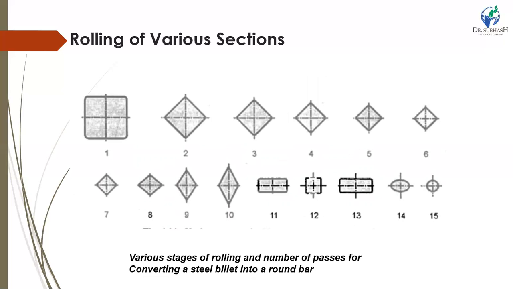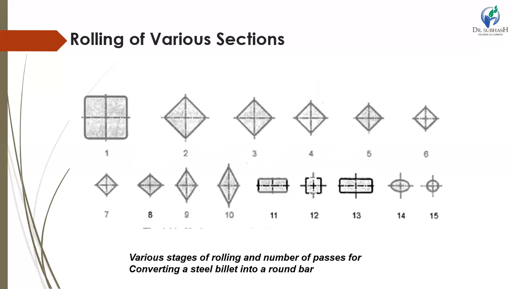The main purpose of rolling is to convert larger sections such as ingots into smaller sections which can be used directly in the rolled state or as stock for working through other processes.